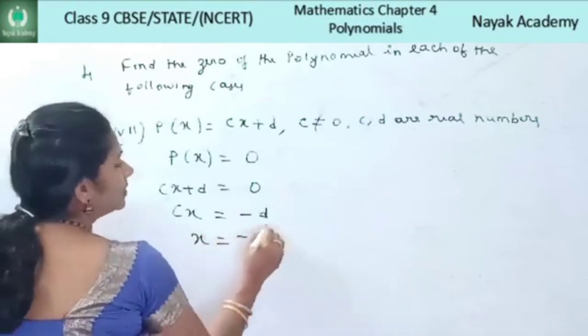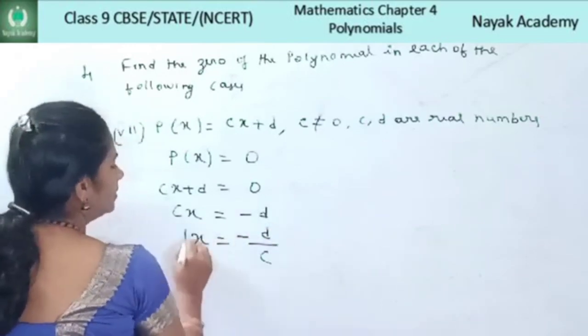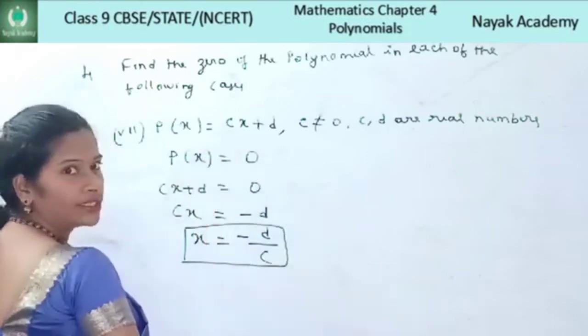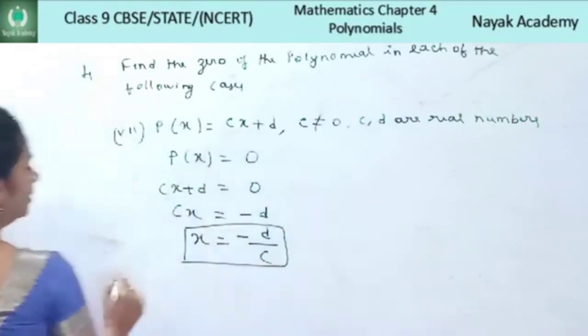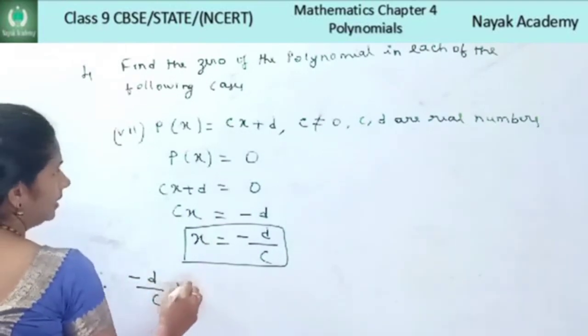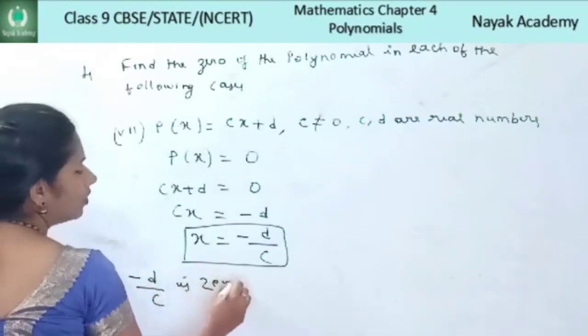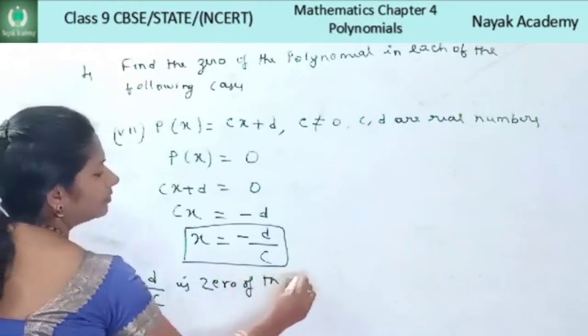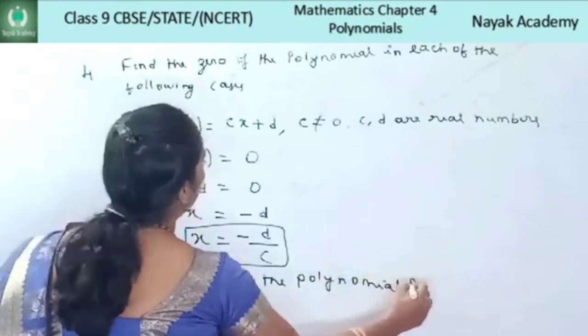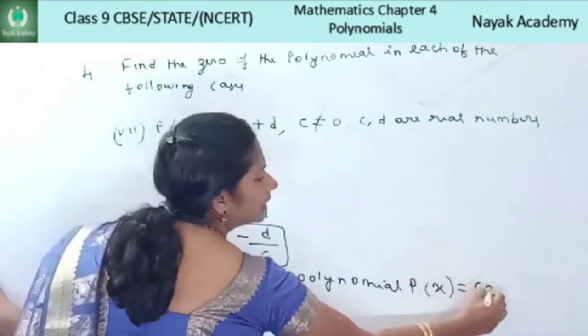X value is minus d divided by c, and it is the value of the zero of the polynomial p of x is equal to cx plus d. Therefore let me write the conclusion. Minus d by c is the zero of the polynomial p of x is equal to cx plus d.